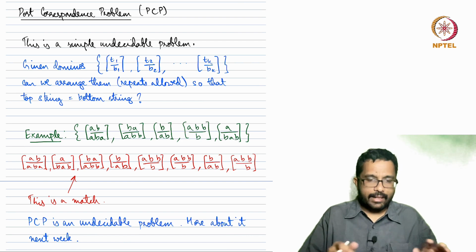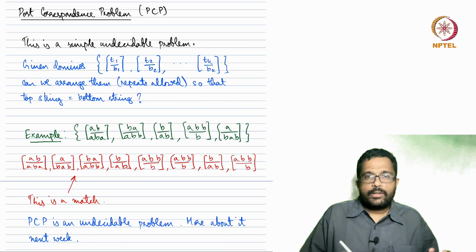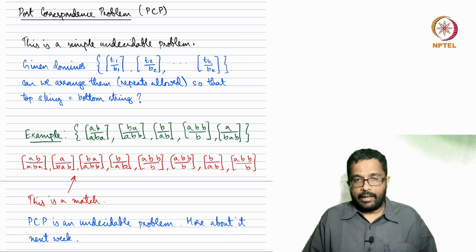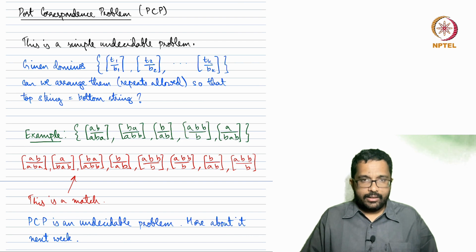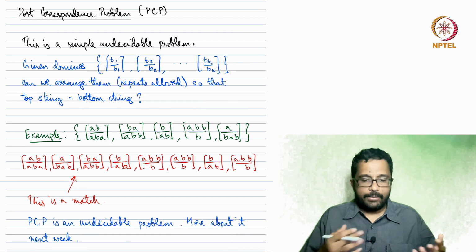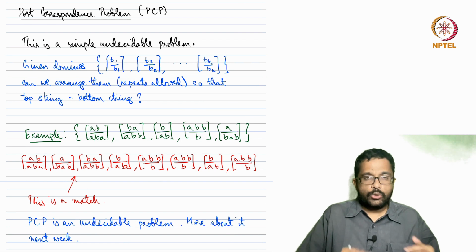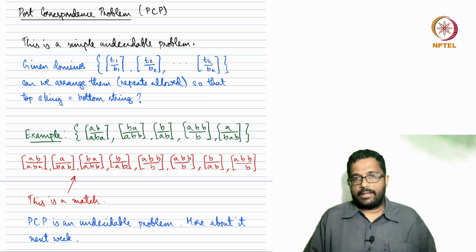Maybe you can try to come up with strategies, and you'll see that you will not be able to create an algorithm for this. That may give you some indication of why this is indeed so. There is no general algorithm. That's what it means to be undecidable.